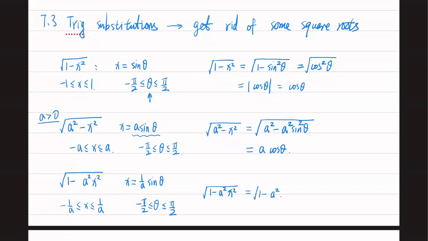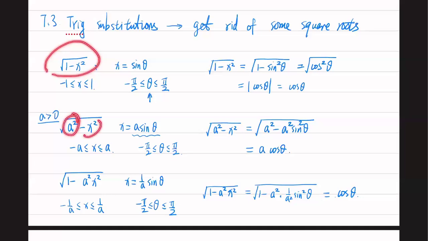So we substitute x equals 1 over a sine theta in 1 minus a squared x squared. The a squared cancels, and this will be cosine theta. So this is the first type. If you have a square root of the form of something squared minus x squared or 1 minus a squared x squared, we can use these substitutions. This is the same class.